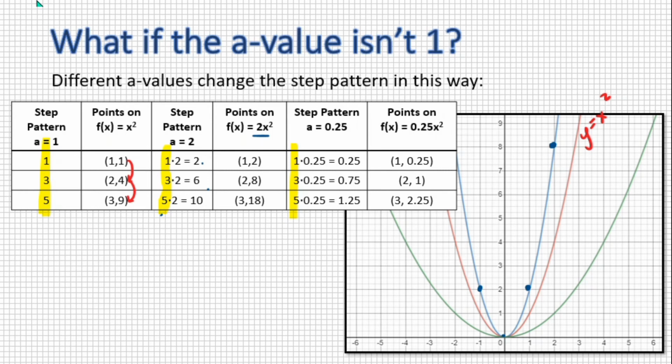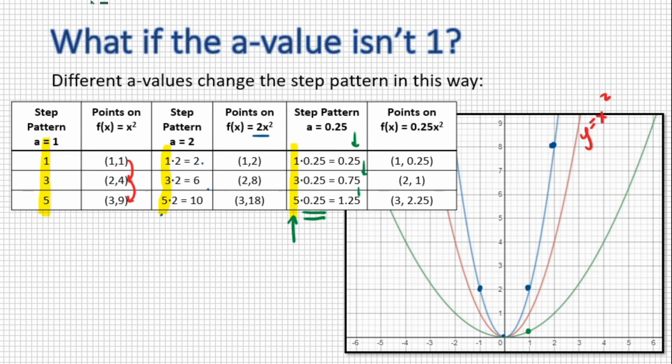Looking at our third situation where a is 1/4 or 0.25, you take your 1, 3, 5 and you multiply it by the step pattern, and it gives you the change in y for each step. So when you go over x to 1, you're only going up 1/4.